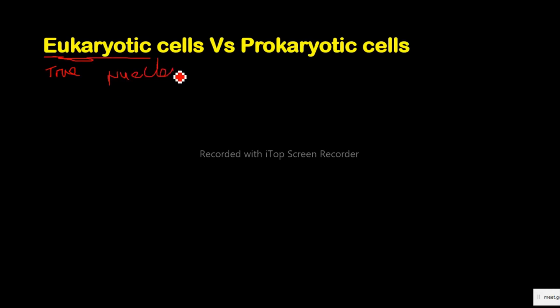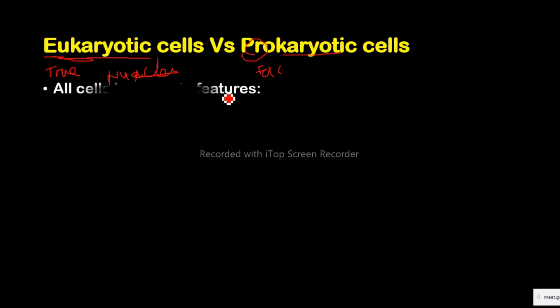Okay, there is no e here. Then prokaryotic: pro means before, or in this case you can say false. So karyotic is nucleus. Prokaryotic cells are cells with a false nucleus or without a nucleus. And eukaryotic cells are cells with a true nucleus.